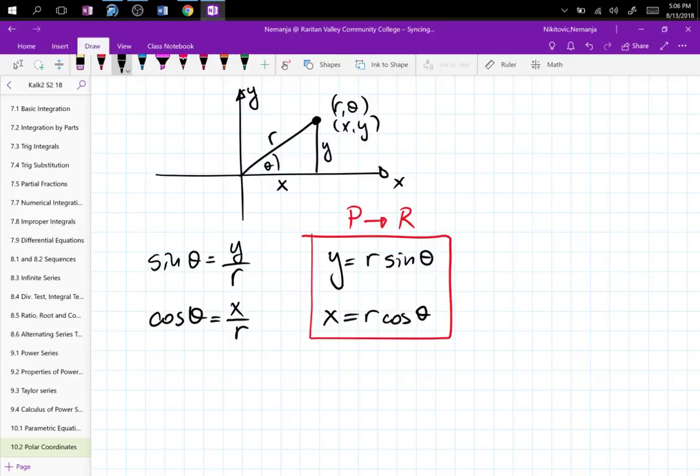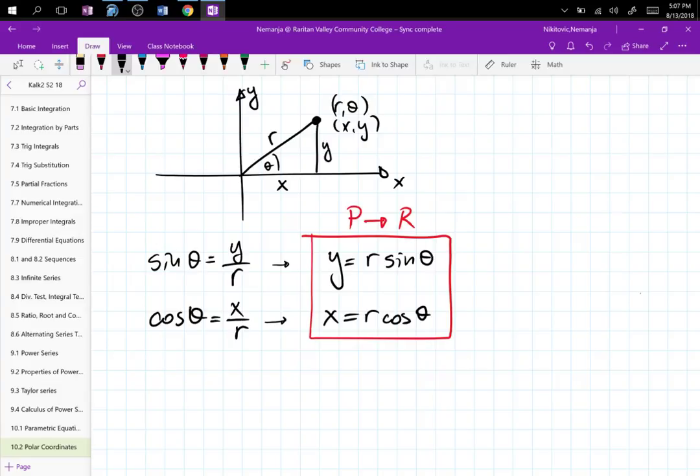All I did is I solved the equation for y. I'm not sure why I wrote cosine. Clearly it's a sine there. So yeah, solve the equation for y, right? And that equation gives you that one, and that one equation gives you that one. So good. So y is r sine theta, and x is r cosine theta. And that's conversion from polar to rectangular.